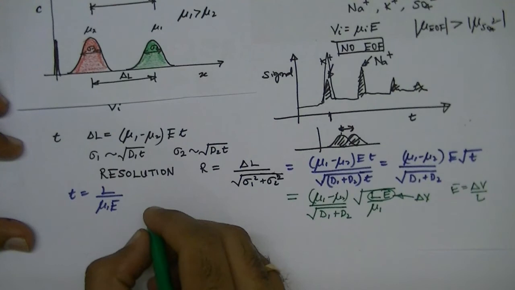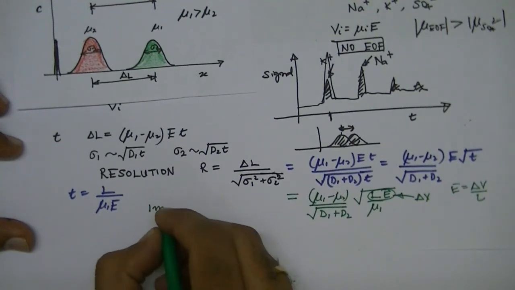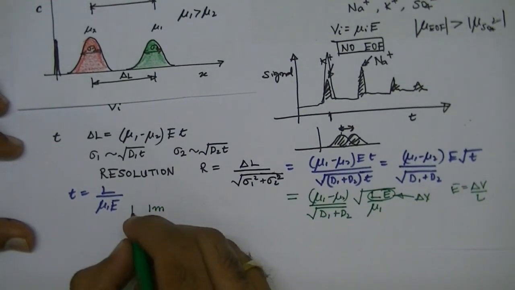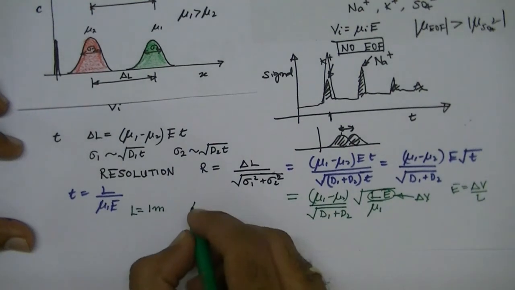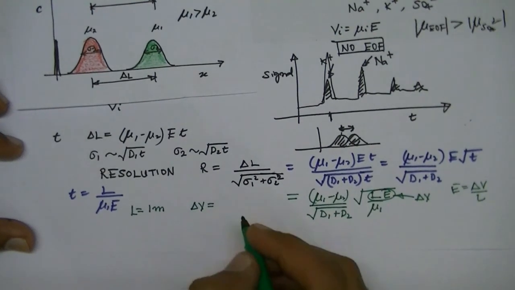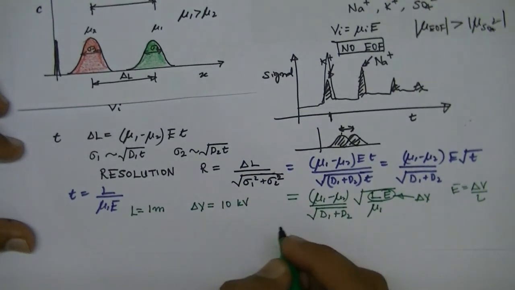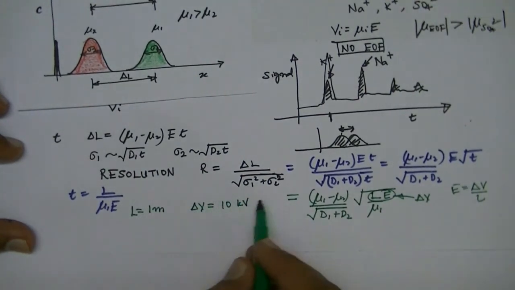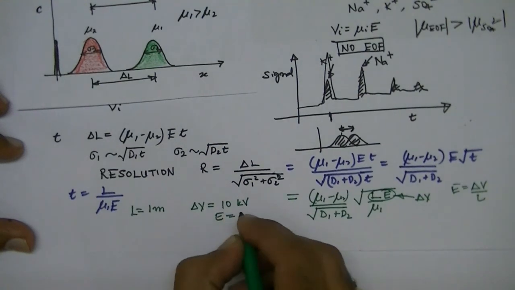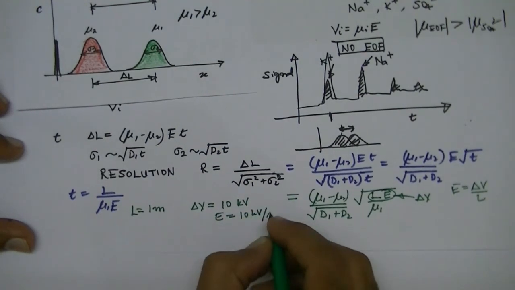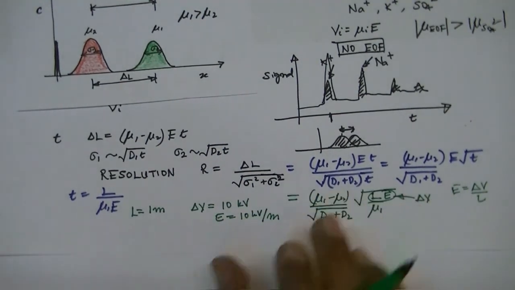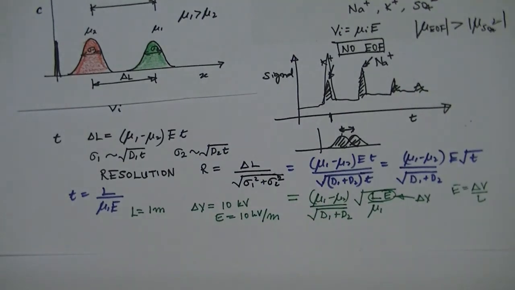In conventional electrophoresis, where the channel length is about 1 meter, the voltages that we use are of the order 10 kilovolts. So we need to apply an electric field of about 10 kilovolts per meter to get good separations.